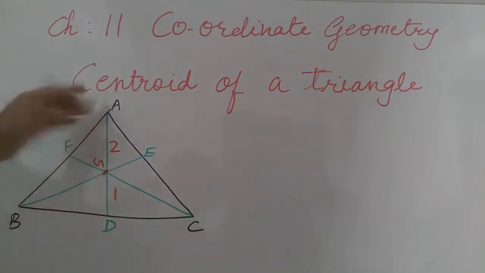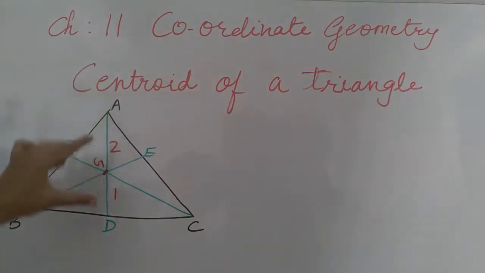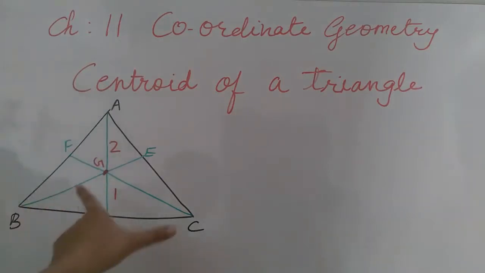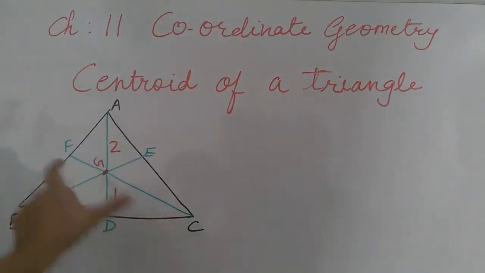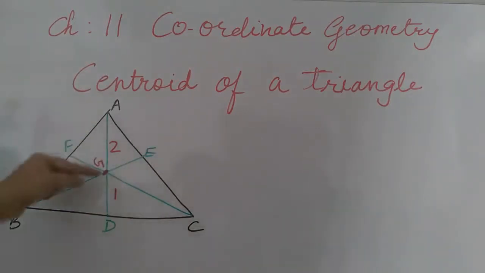From the figure only you can see that AG part is bigger and GD is smaller. Similarly, GC and FG, and BG and GE, they all have 2:1 in intersection. So this is a very important thing you have to remember.